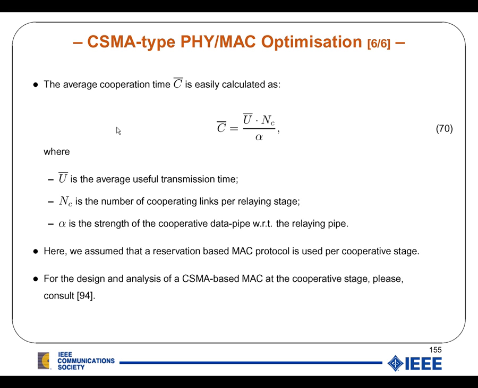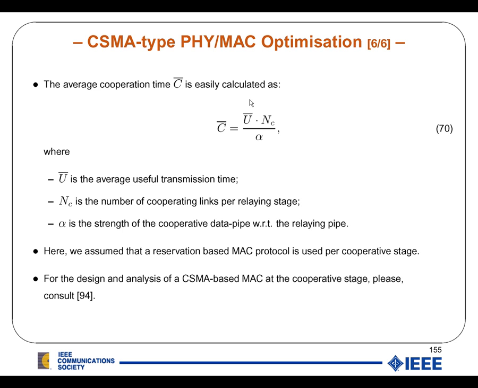As for the average cooperation time C, we can easily calculate it as being the average useful transmission time U multiplied by the number of cooperative links per relaying stage and divided by the strength of the cooperative data pipe with respect to the relaying pipe.